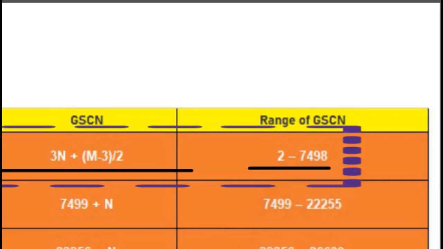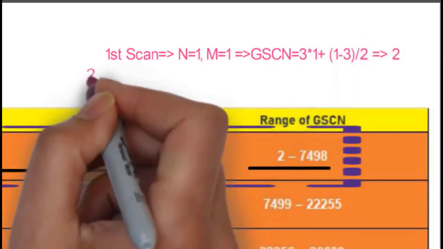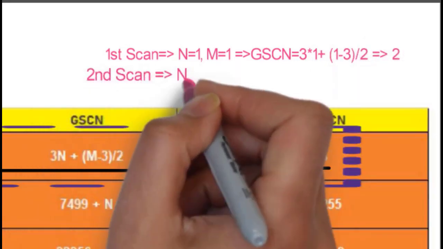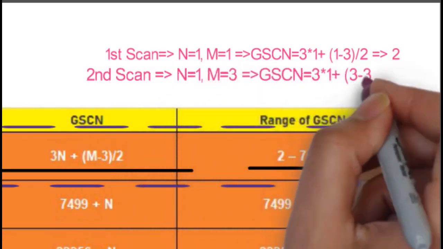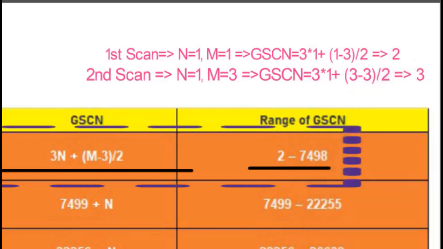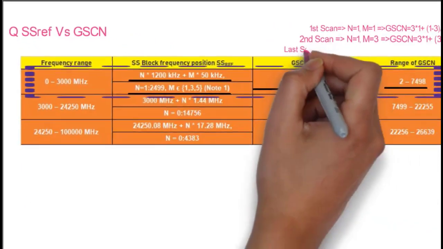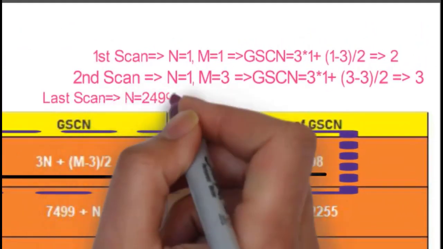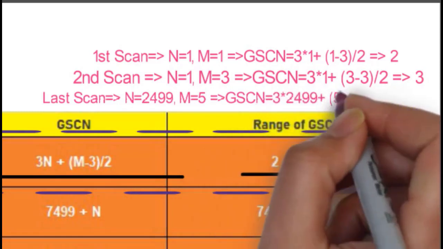Suppose N equals 1, M equals 1. Then 3 plus 1 minus 3 by 2, that means GSCN equals 2. In the second scan, N equals 1, M equals 3, that means 3 plus 3 minus 3 by 2, GSCN equals 3. In the same way, the maximum value of N is 2499, and if M is also at its maximum, 5, then the GSCN value equals 7498.